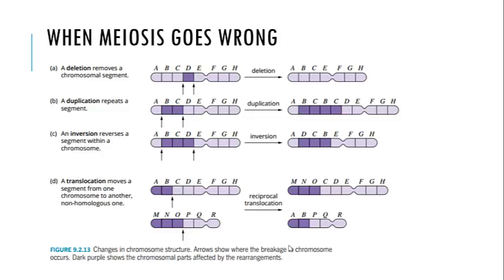So while we have these issues and we have the breakage of the chromosome and we have the chromosomal parts that are affected, this also creates genetic variation. And genetic variation is something that's quite important when we talk about sexual reproduction. So while it might look like these are flaws, they're actually not always.